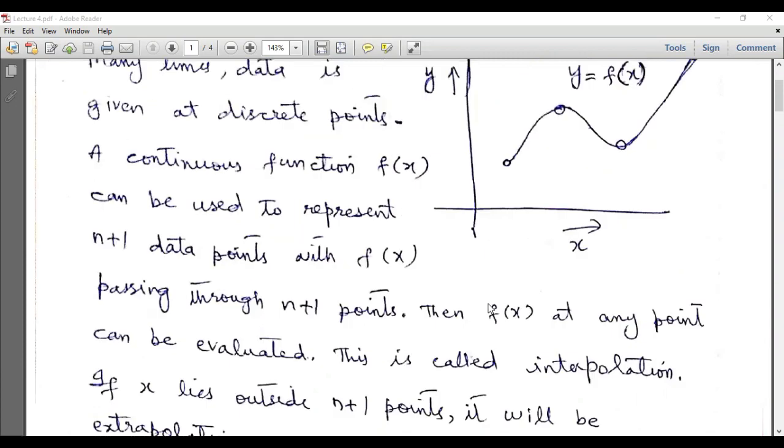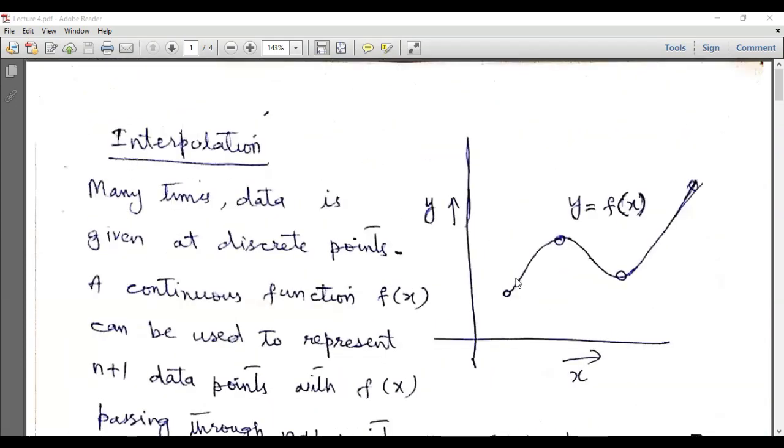This is called interpolation. So for example, in this figure, you can see we have discrete data given at a few points, and we don't have the data at the intermediate points. For example, this is x equal to 1, this is x equal to 3, but at x equal to 2 or x equal to 1.5, we don't have any data point.